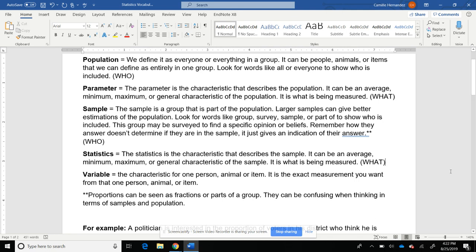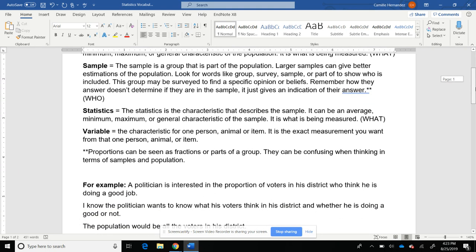Another thing that some of the homework can cause trouble with is when we talk about proportions. Remember, proportions can be seen as fractions or parts of groups. So if I said the proportion of people who like Coke or don't like Coke, I could say 3/5 of the people liked Coke and 2/5 did not like Coke.